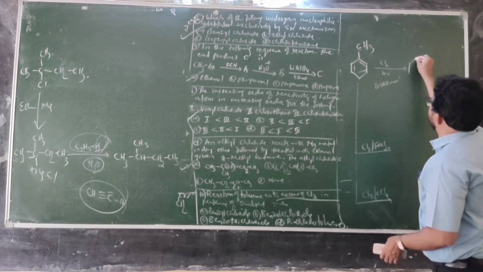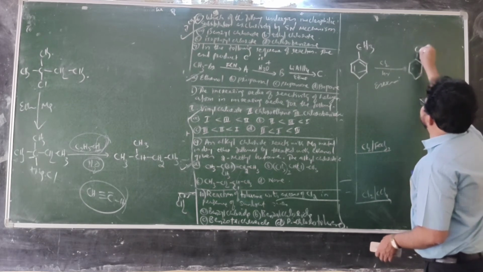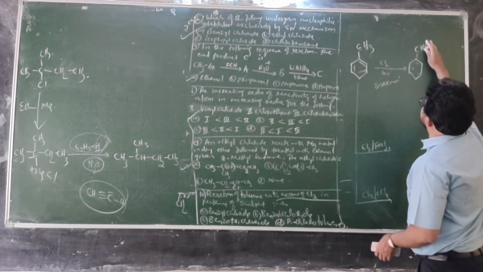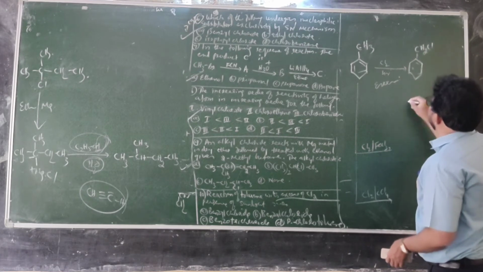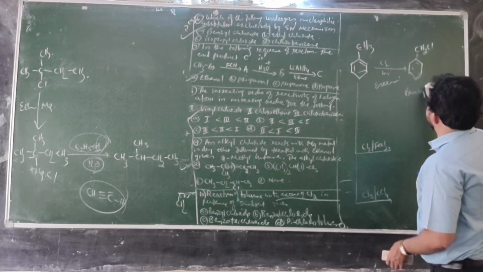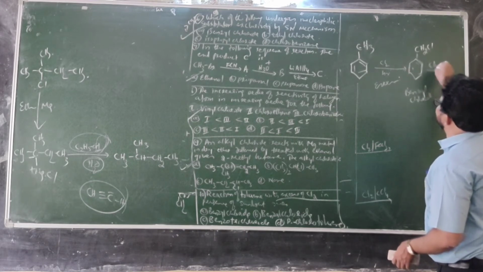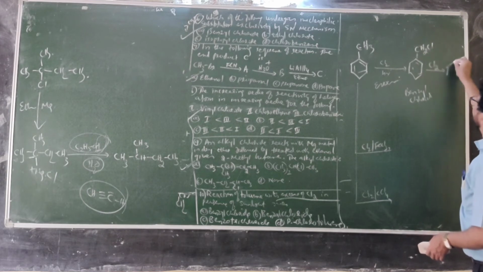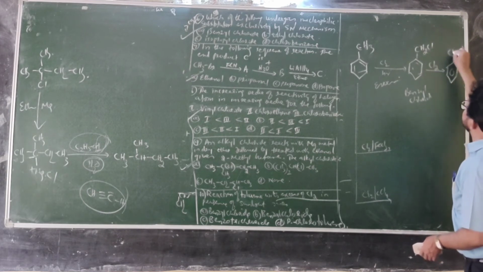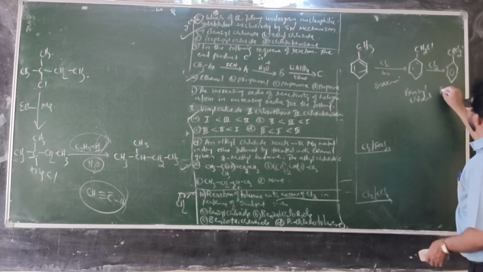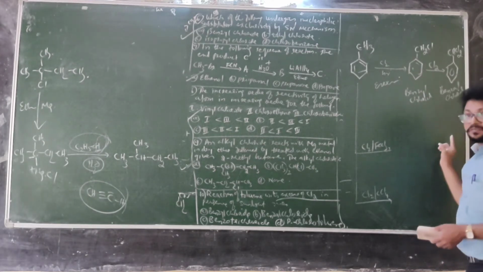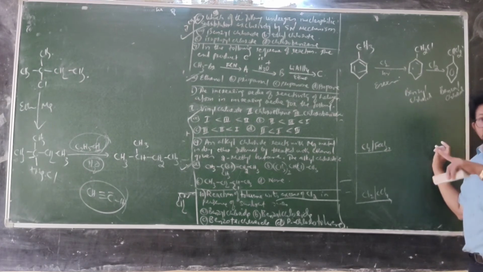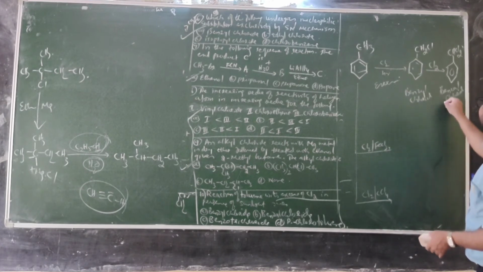Read this: excess of chlorine. What should happen? Go on substituting. CH2Cl, benzyl chloride. Once again chlorine, because excess chlorine is there, you can remove all the hydrogen. So now the product is CHCl2, benzal chloride.